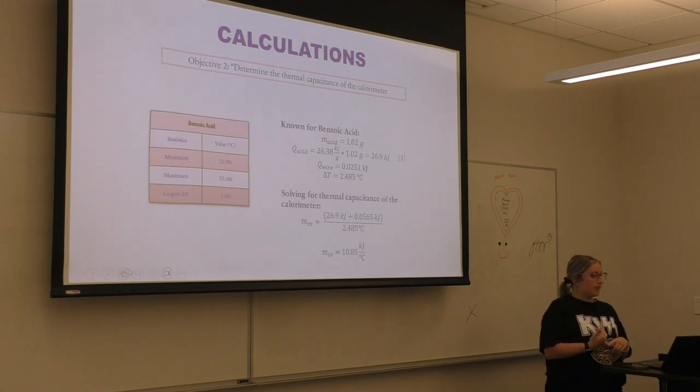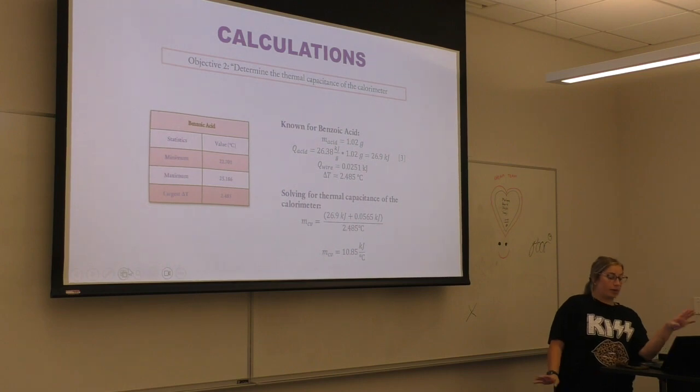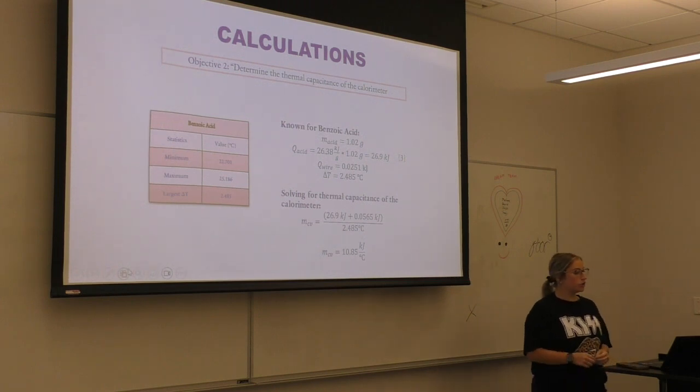Our mass of the acid was 1.02 grams, and our known thermal capacitance was 26.38 times 1.02 grams, which equaled 26.9 kilojoules.